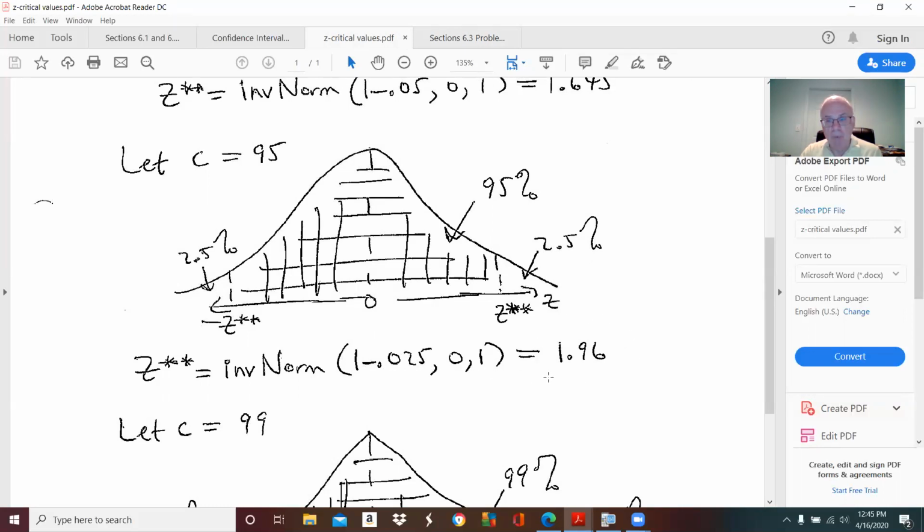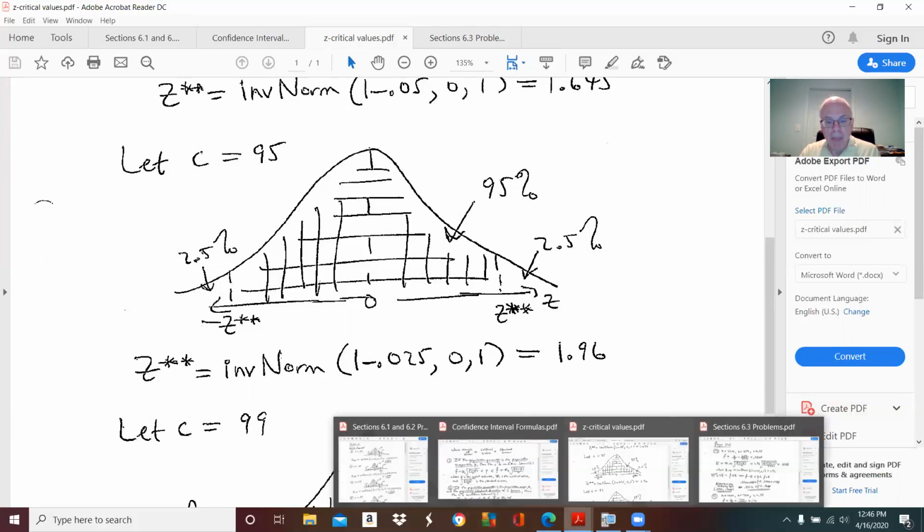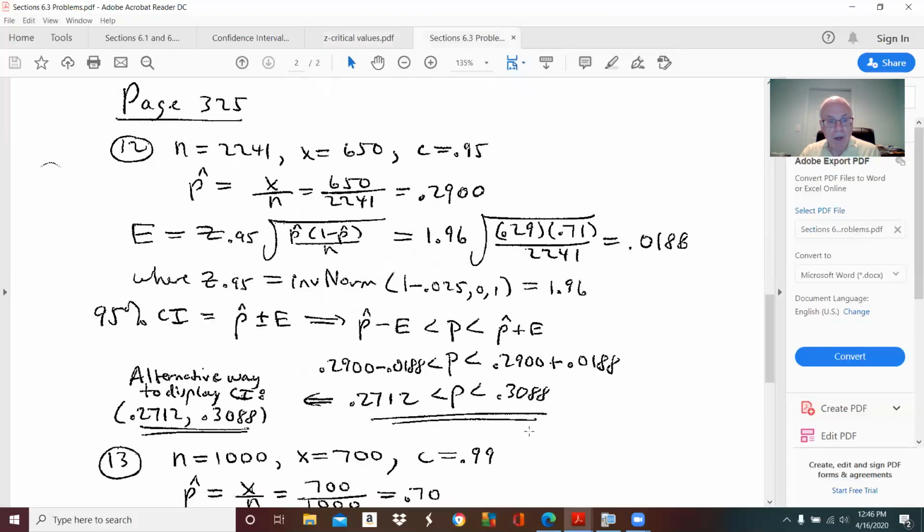And here, with your calculator, you end up with 1.95, and there's a bunch of 9s after that. It's really 1.96 is what most people use as the critical value for a 95% confidence interval. And we use a z critical value. So that's where in this problem they use 1.96 as our critical value.